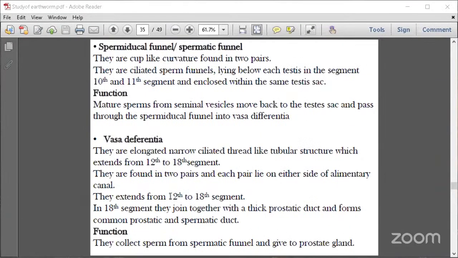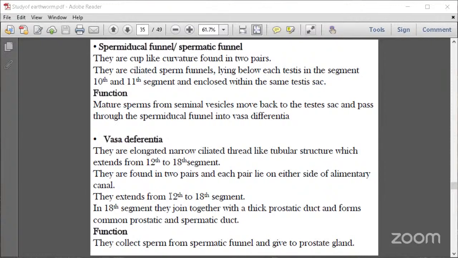And the spermiducal funnel or spermatic funnel are cup-like structures found in two pairs. They are ciliated sperm funnels lying below each testis in the 10th and 11th segments and enclosed within the same testis sac.